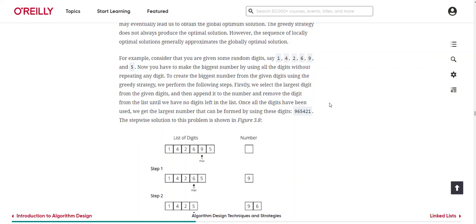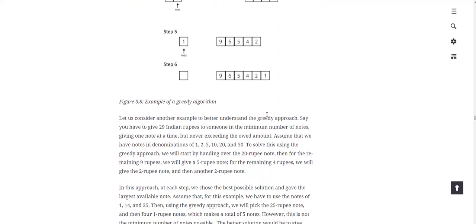And I came up with what I thought was overall the best solution. It may not be the best solution, but based on the logic that I applied and the process I went through, well, this is the best for how we went through it. And that's the greedy aspect of it.